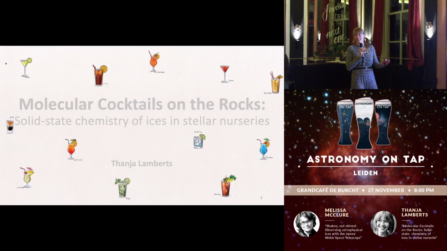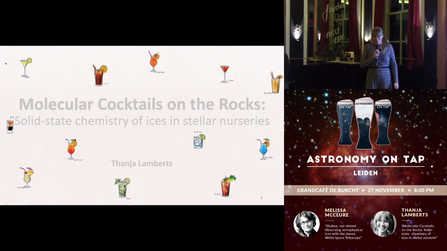Okay, so stay in this bar kind of atmosphere, and we're going to try and understand if we can actually make some sense of the different ingredients that we can typically find in cocktails, and if maybe these types of molecules, because as you know, matter is made up out of atoms and molecules, if actually these molecules can already be formed in very, very early stages of star formation, or phrased differently, in stellar nurseries.